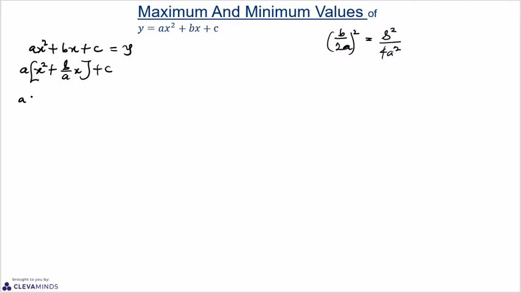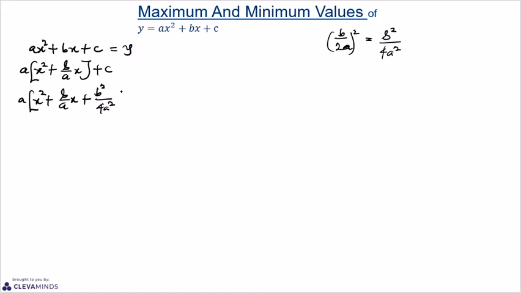So now we have a into x squared plus b over a x plus b squared over 4a squared, right? Now, in order to make it look like this expression exactly, because what I've just written now is not exactly like this.